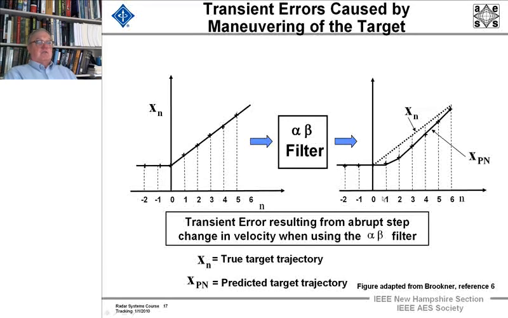The transient errors result from an abrupt step change in velocity. So these transient errors will result, but after a while, it will settle onto the trajectory.